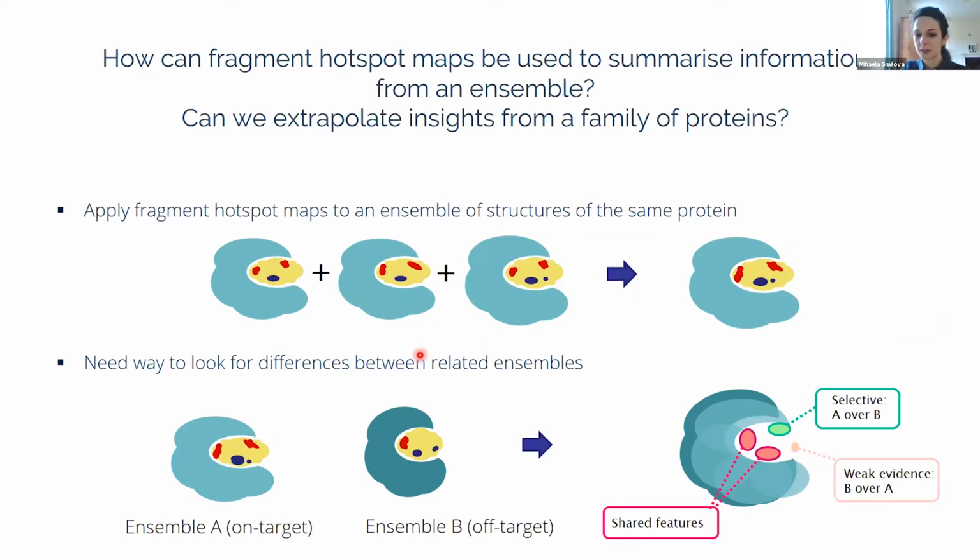And then we also wanted to have a way to look at differences between ensembles of closely related proteins, where the desired outcome here is to get a map that highlights areas that are shared between 2 related proteins, areas where we can gain selectivity for one versus the other, and also have some measure of the confidence in assigning them.